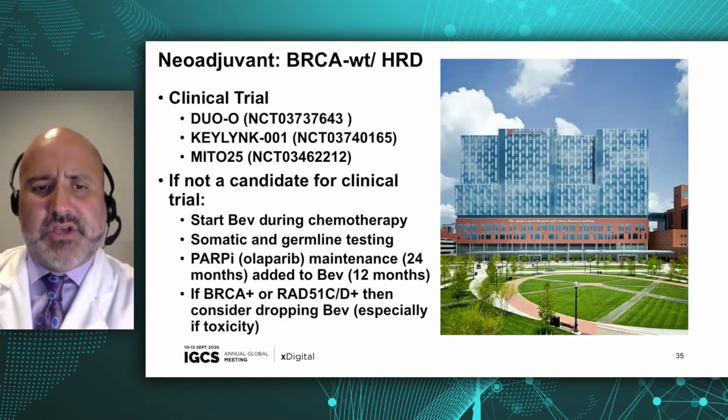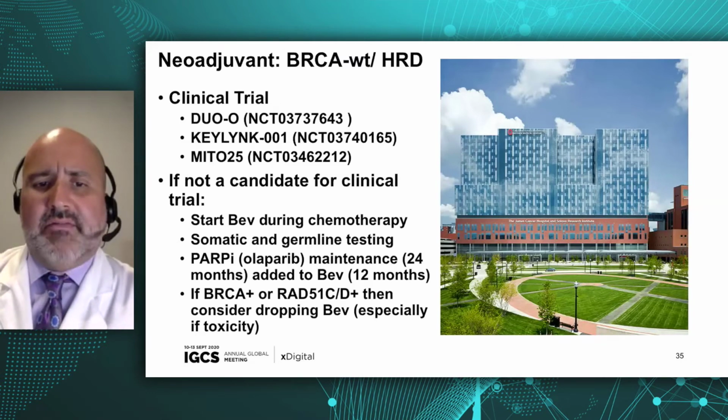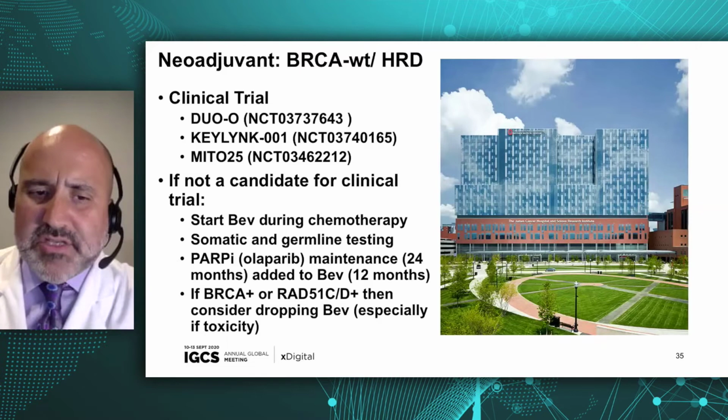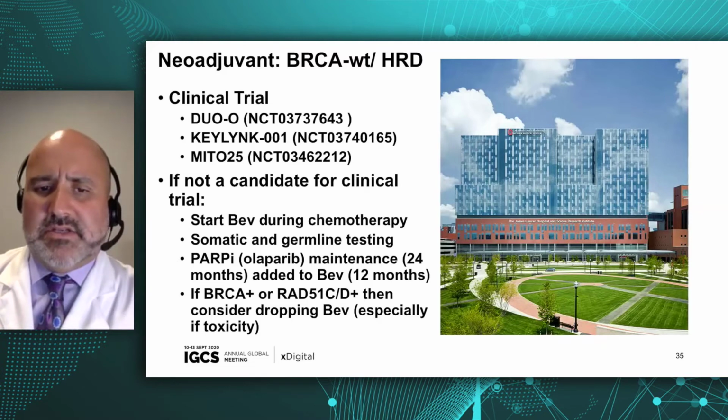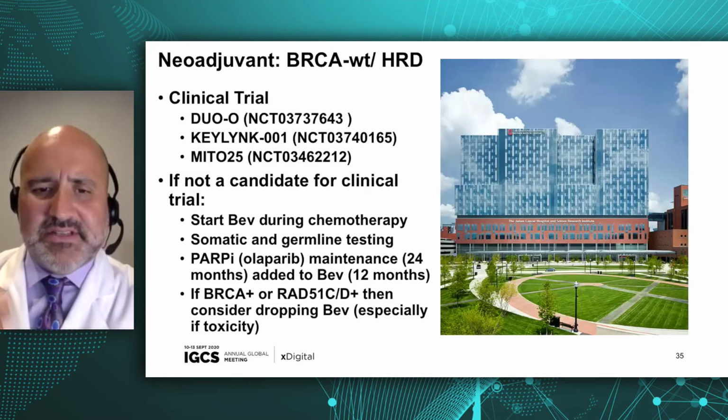If that patient is found to have HRD in this case, I probably will add the PARP if she's BRCA positive or RAD51C or D, because I think that's our best information, but we need more information. We have to have the mutational analysis.